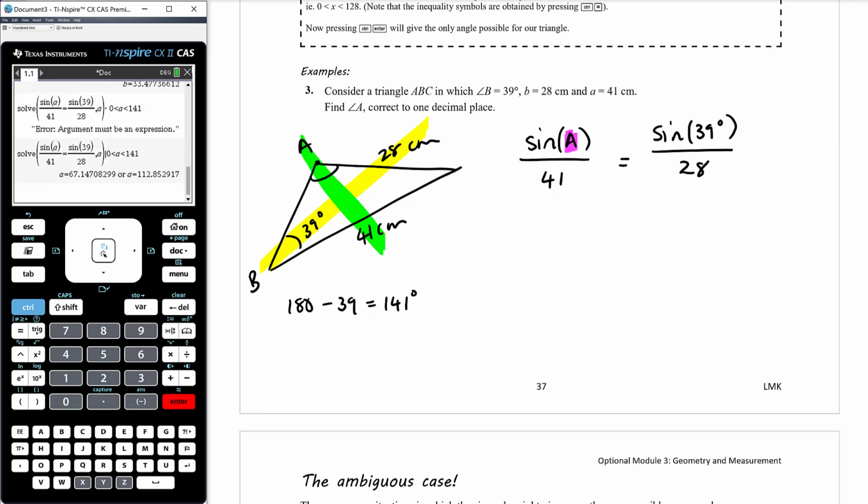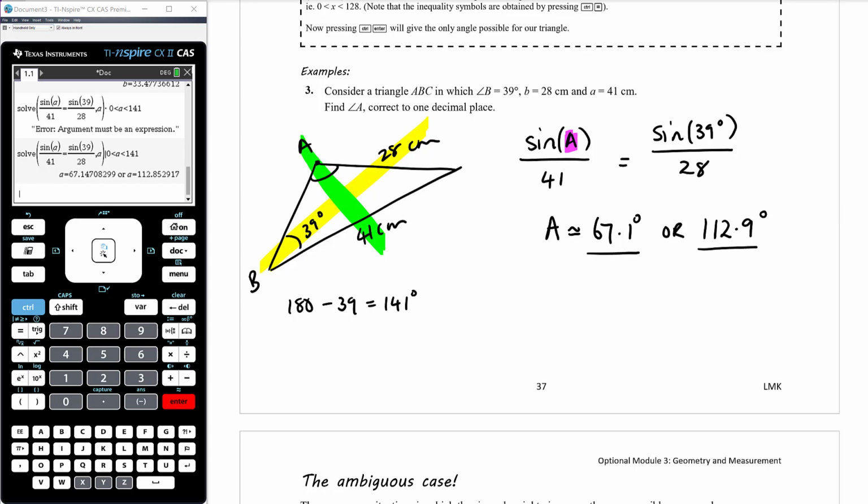And you see this time we've been given two solutions, and they're both between 0 and 141, so they're both possible. So what we see here is A could be 67.1 degrees to one decimal place, or it could also be 112.9 degrees.